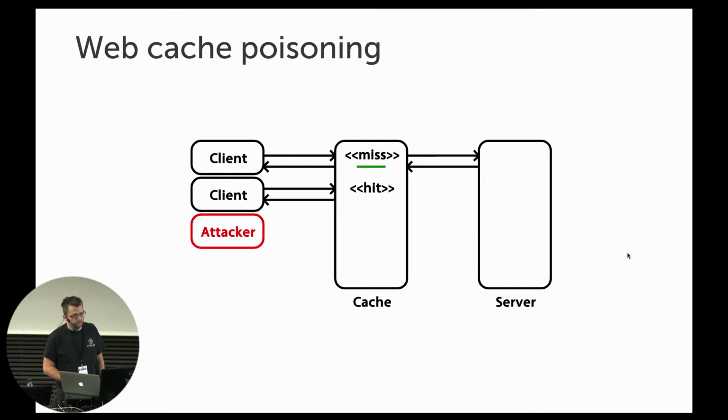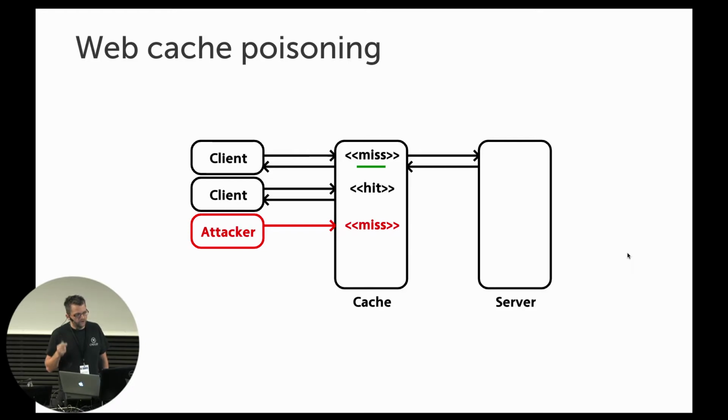But what happens if our attacker is in there, and the attacker is trying to exploit an unexploitable bug? So the attacker knows that there is a bug on the server, and the attacker tries to attack the clients, not the server itself. So this could be a cross-site scripting, for instance. A reflected cross-site scripting that's hard to exploit.